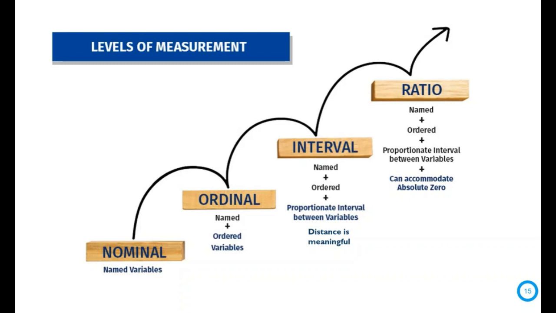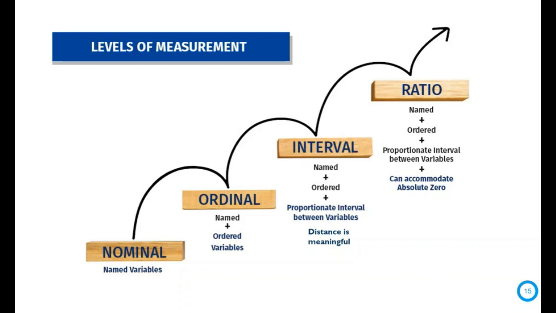There is no such thing as no temperature. Zero doesn't mean the absence of value, but is actually another number used on this scale, like 0 degrees. Negative numbers also have meaning. So the distance here is meaningful, but we don't have a true zero.